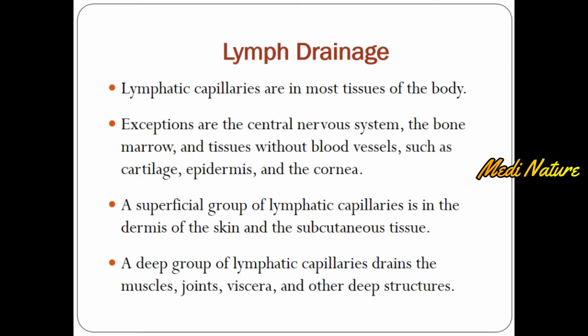There are two groups of lymphatic capillaries called the superficial group and the deep group. The superficial group of lymphatic capillaries is in the dermis of the skin and also in the subcutaneous tissue. The deep group of lymphatic capillaries drain the muscles, joints, viscera, and other deep structures.